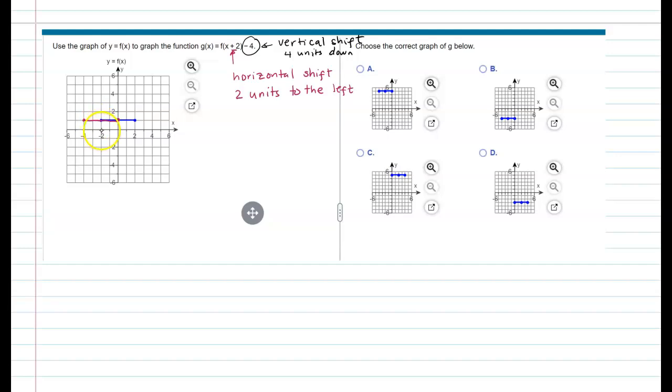So you have 1, 2, 3, 4. 4 units down. So it will be this curve here. So this is the final graph, or that is your g of x. That would be your g of x. And where is that? It is this graph here.